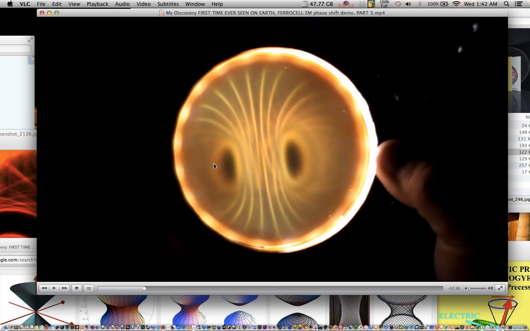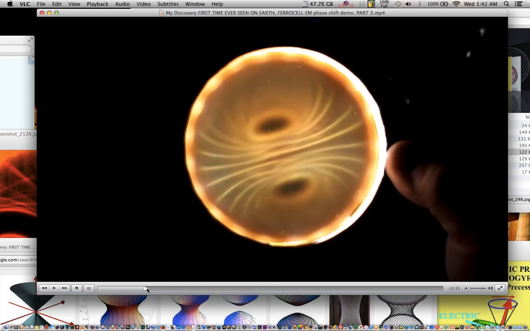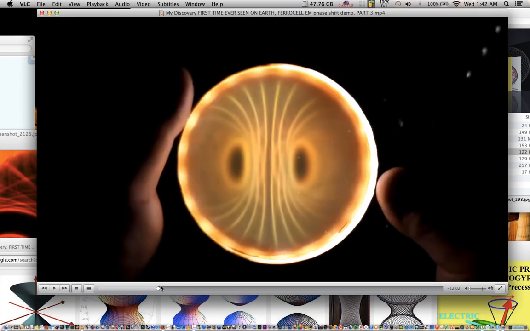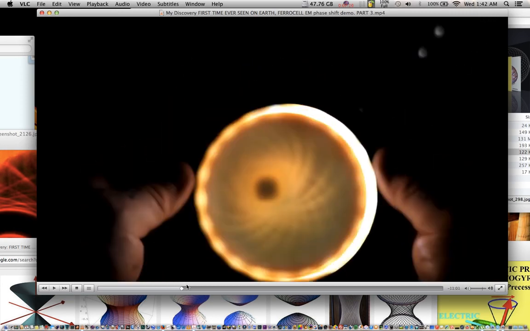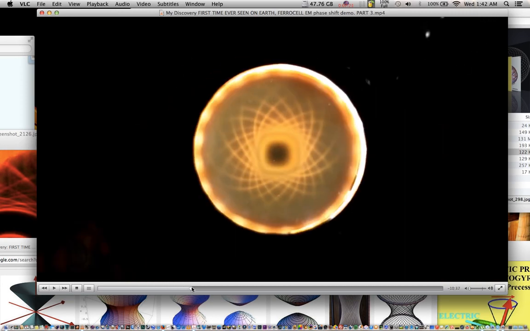Now here's either side of a magnet. You have one pole here, but if we were to take a look at one of the poles of the magnet, as I turn the magnetic pole directly in face of the ferrocell, you see it right here. We have the hypertrochoidal formation, and if you were able to extrapolate this out in full dimensional view, this actually does have about 4 inches of holographic depth if you're holding it in your hand.